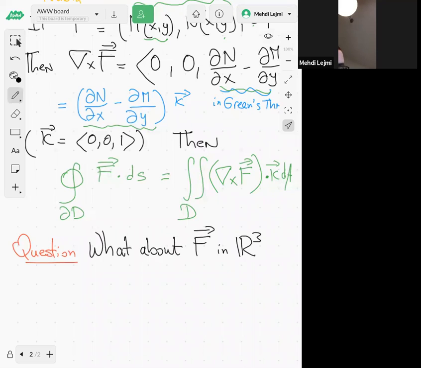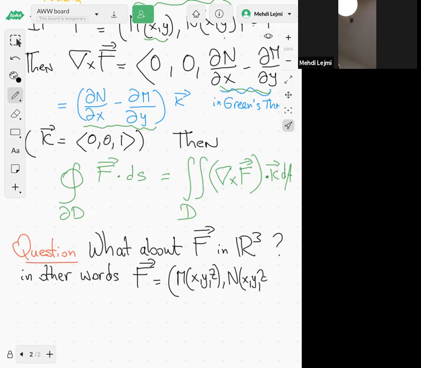In other words, if my f is equal to, let's say, a function M of x, y, z, a function N of x, y, z, and then a function L of x, y, z.